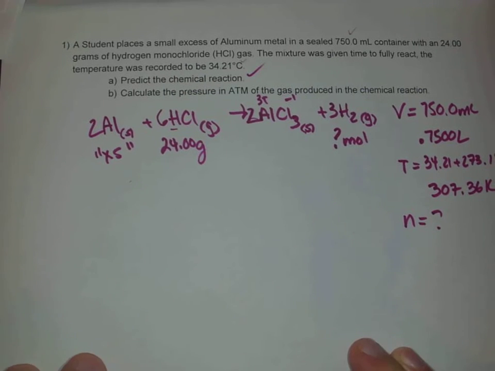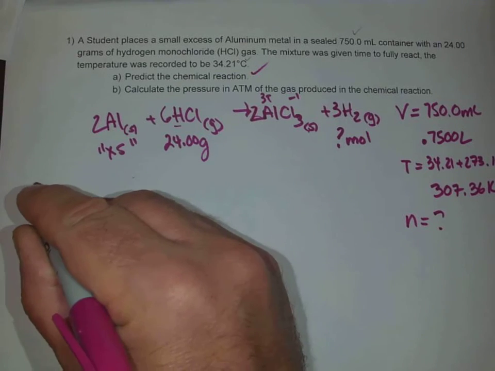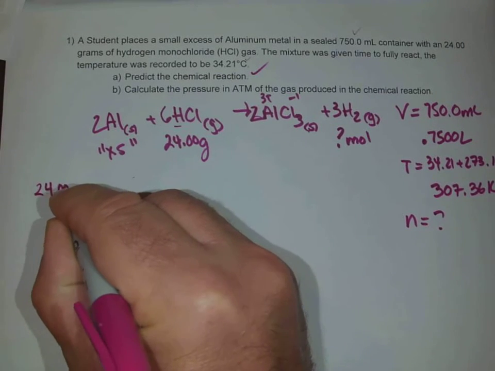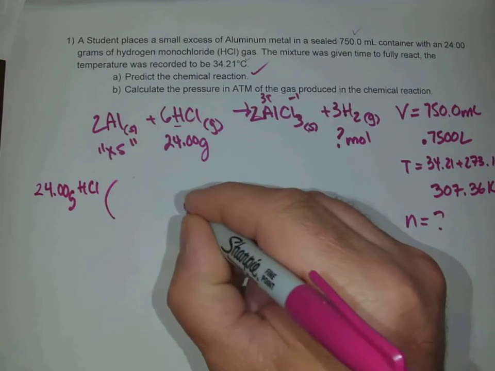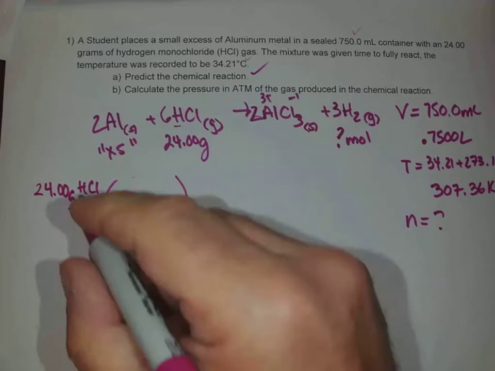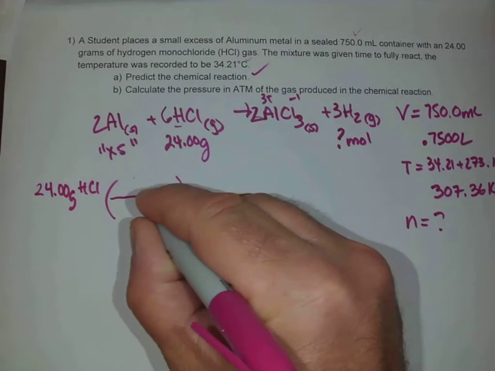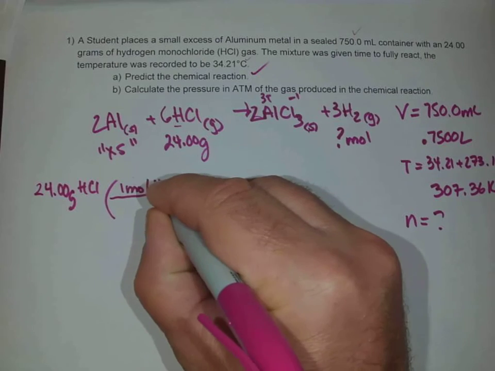All right, so we know that 24 grams of HCl. We have to convert that to moles because all you really need for stoichiometry is that mole ratio. So converting grams to moles is not stoichiometry. It's just a mole conversion.